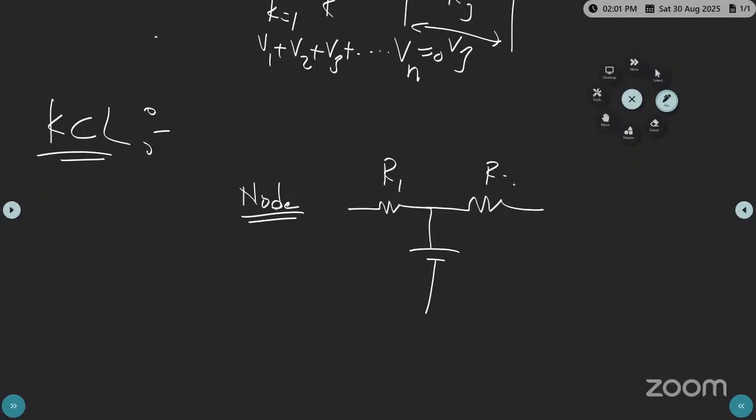This is the explanation. Let us consider three elements, R1, R2 and a voltage source, connected here. You can say this is a node.